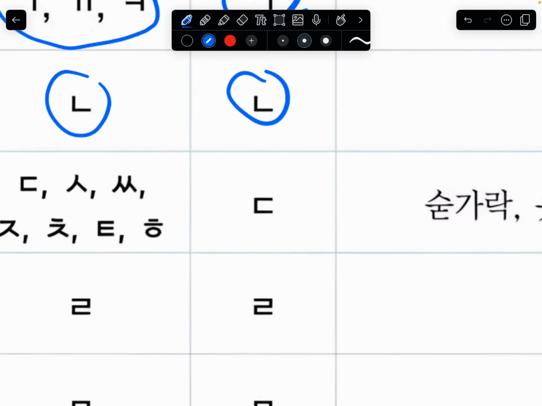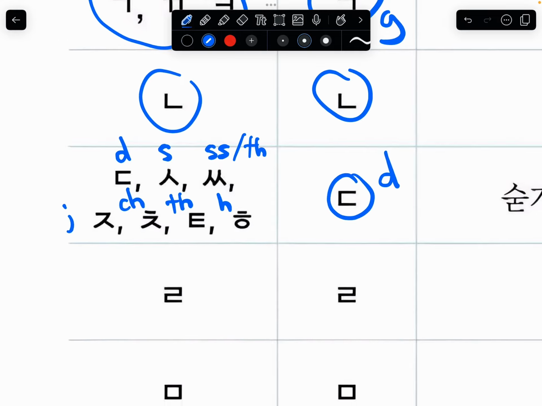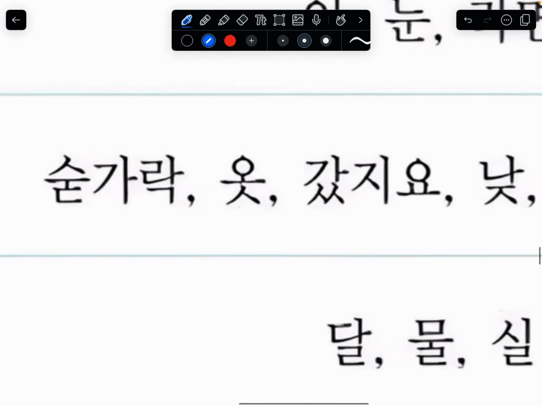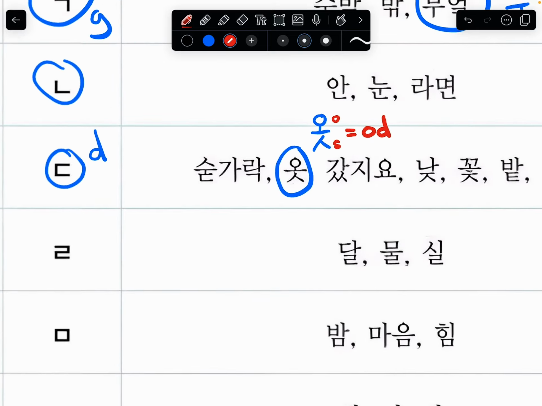And then this D, S, double S, or TH, J, C, H, T, H, H, all will sound as D. Okay. So for example, this one. This is the combination of O and S. This is O, this is S. But the sound will be odd. Not us, but odd. Why?